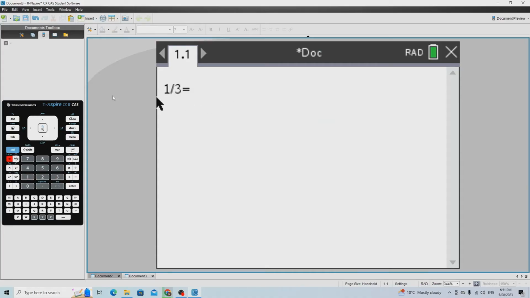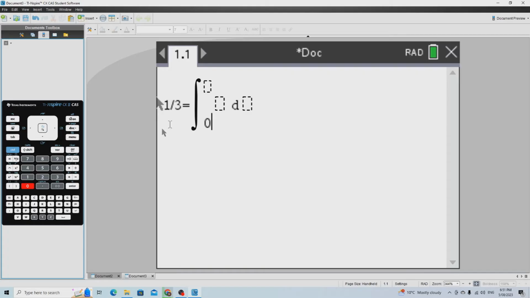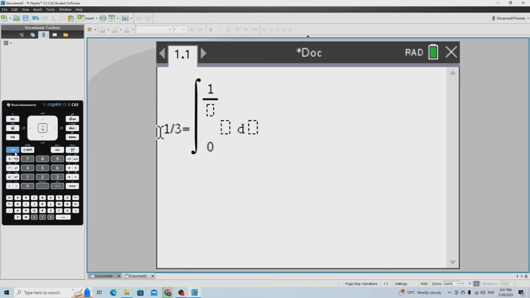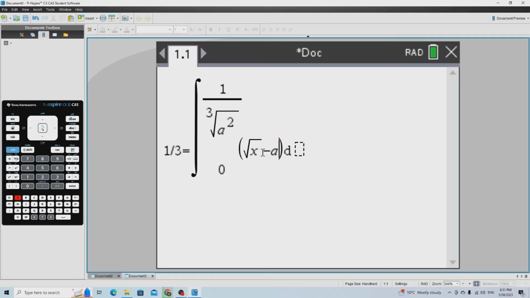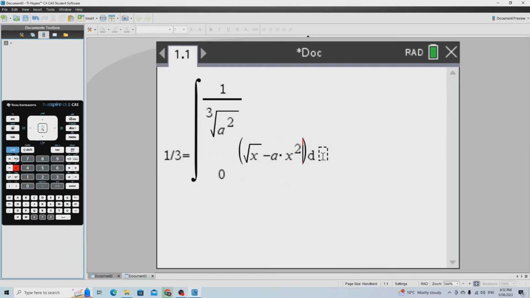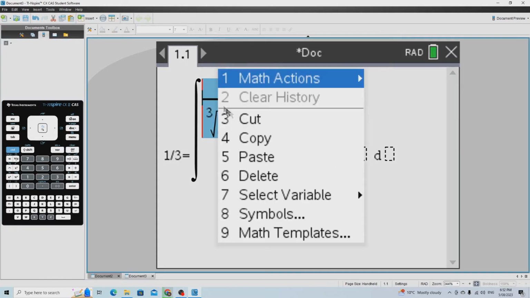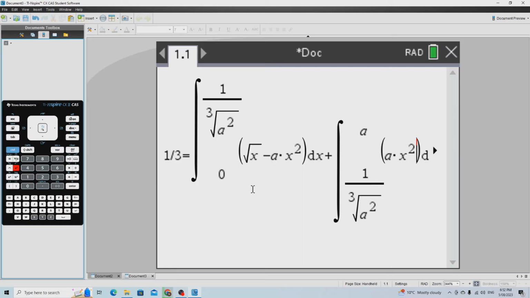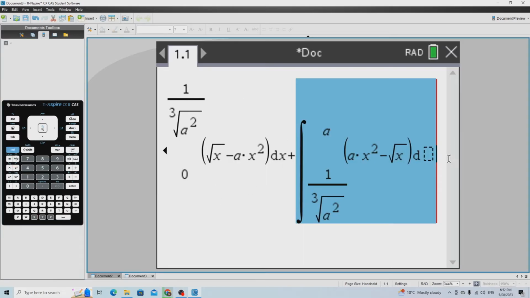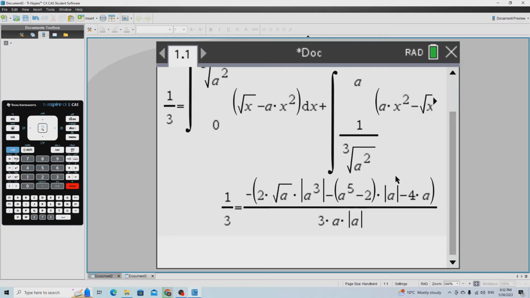So 1/3 equals the integral from 0 to 1 over the cube root of a squared of root x minus a times x squared dx, plus, oops, not that one, plus this value over here, copy that, paste it over here, from that to a of a times x squared minus root x dx. And we get this ugly function.